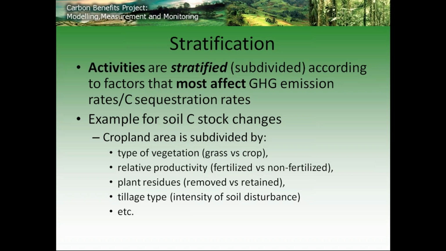So if I had a cropland area and I wanted to work out different stock change factors for that area, it would be things like the type of vegetation, is it grass versus a crop, its relative productivity, is it fertilised versus non-fertilised, plant residues, are these being removed, tillage type, etc. All of these are factors which are going to change the amount of carbon that is lost or stored in the soil.